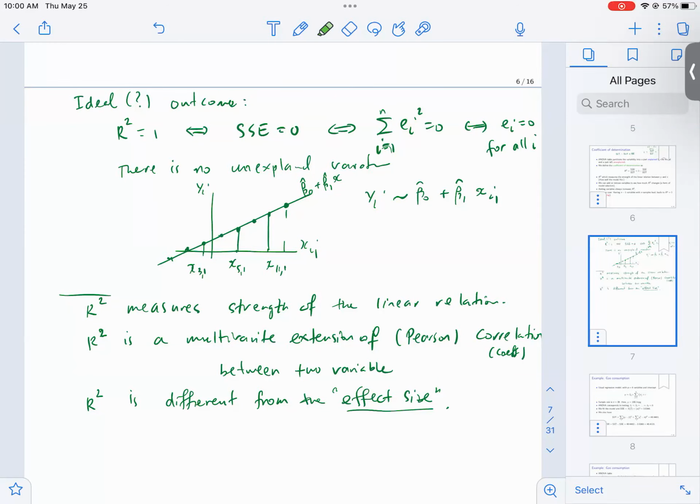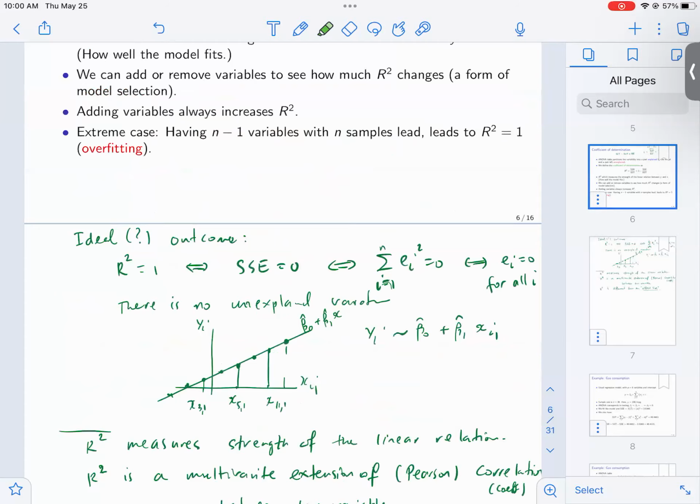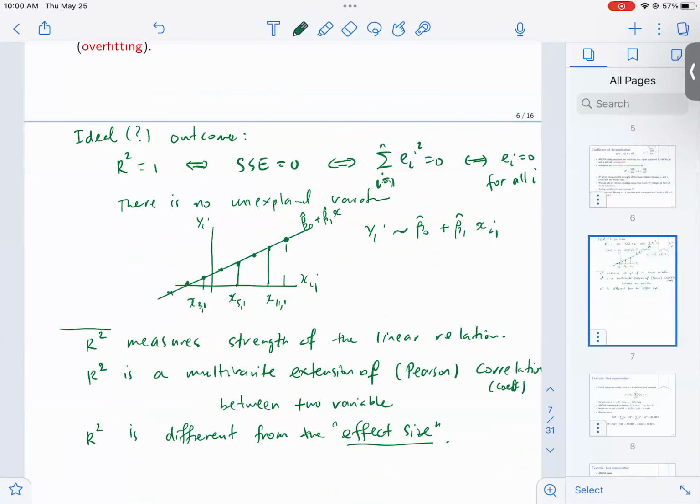But hopefully in this course, once you understand everything, you realize that I could observe a big beta hat, a big effect size, but it might not mean that things are significant. I might observe something like 0.01, and it might be significant.